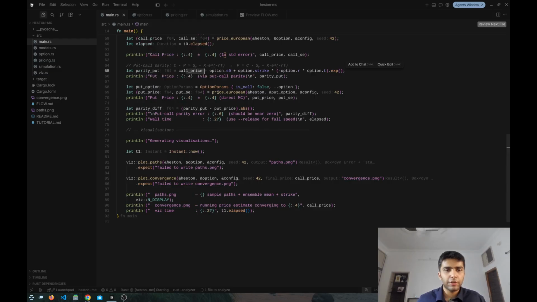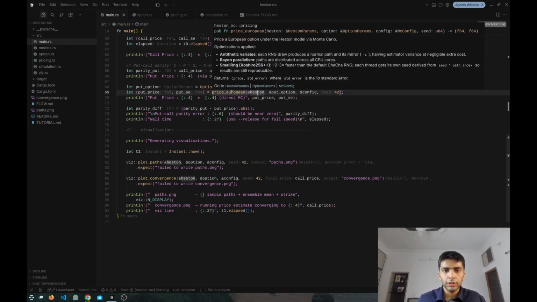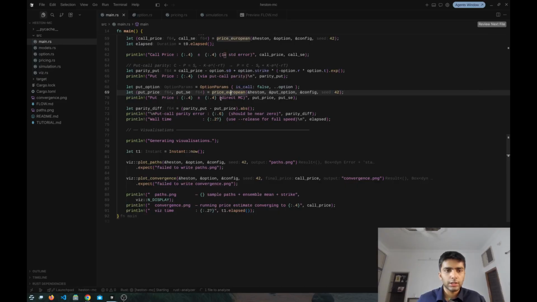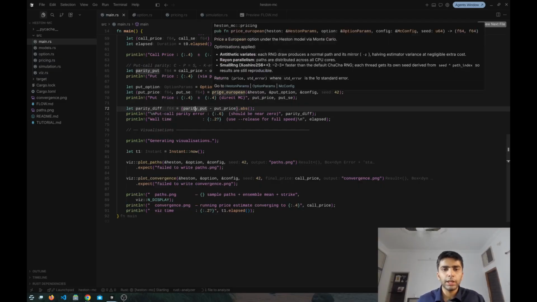Then we run the simulation for that put again. If we run the simulation for the same put, we'll get the price according to the Monte Carlo simulation. And once we have the put price from the simulation, we check the difference between the parity put price, the price that we got from our parity formula, and the put price that we got from our simulation.